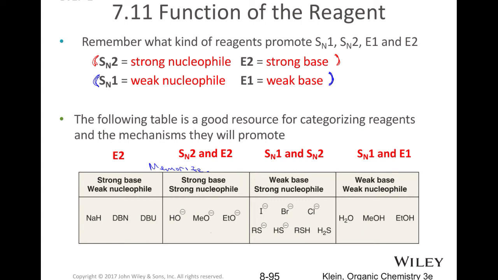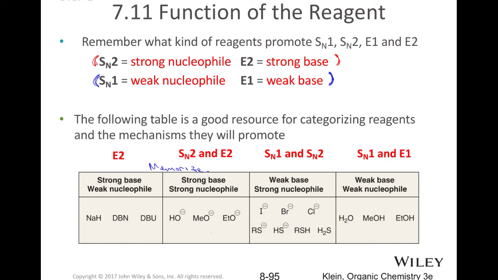It says here, the following table is a great resource for categorizing reagents and the mechanisms they will promote. This is the kind of thing that I would recommend memorizing for the quiz coming up. But you'll find that the more practice you get with predicting the products of reactions, the less and less help you'll need with this.